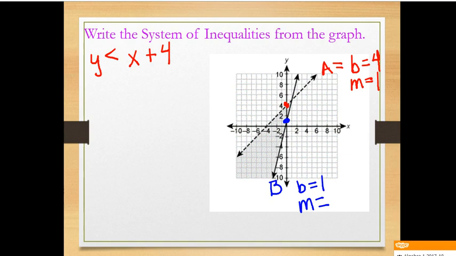Another pretty point, looks to be, I need to look at it. Okay, a pretty point is right there.